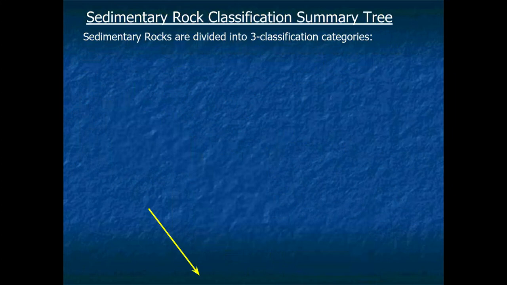You literally could get a PhD. So what I tried to do here is divide these sedimentary rocks into their 3 classification categories. This is a really good summary slide that I would encourage students to look through instead of memorizing. Try to learn the concept and put the concept in your own words.